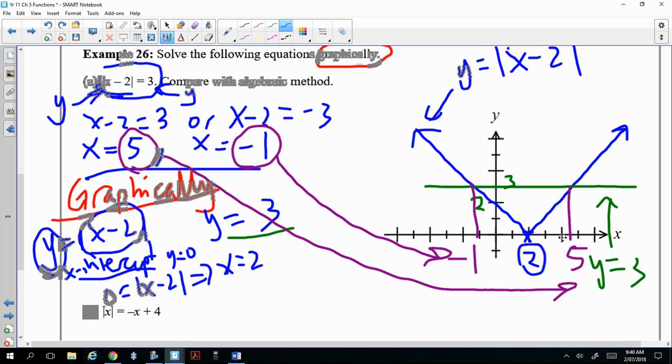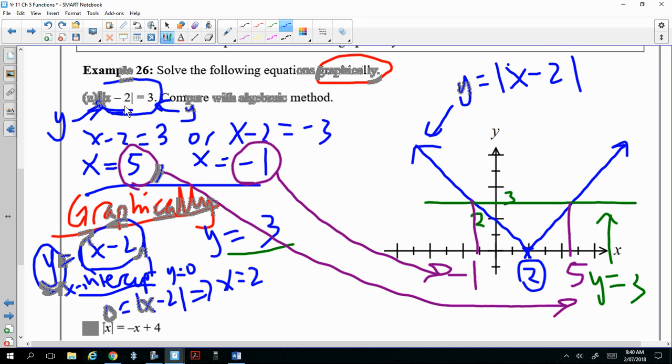The point of this is to see where they cross, so that we know where they come from.